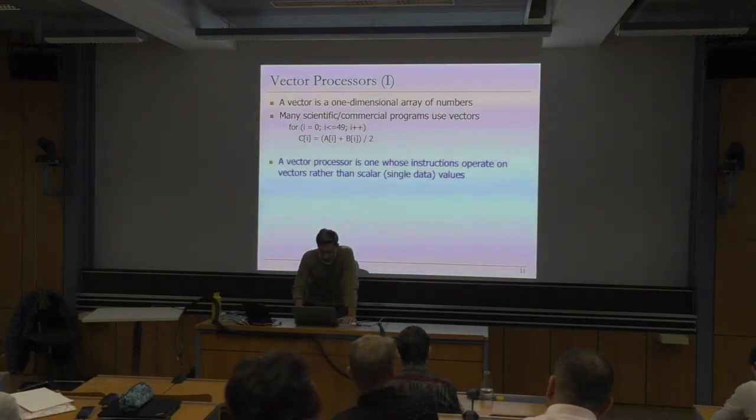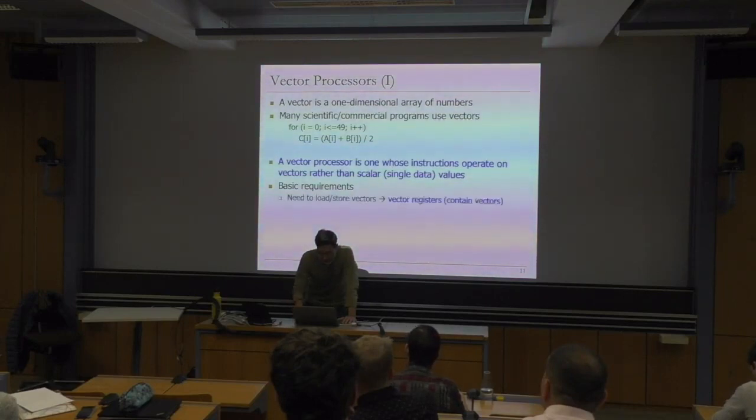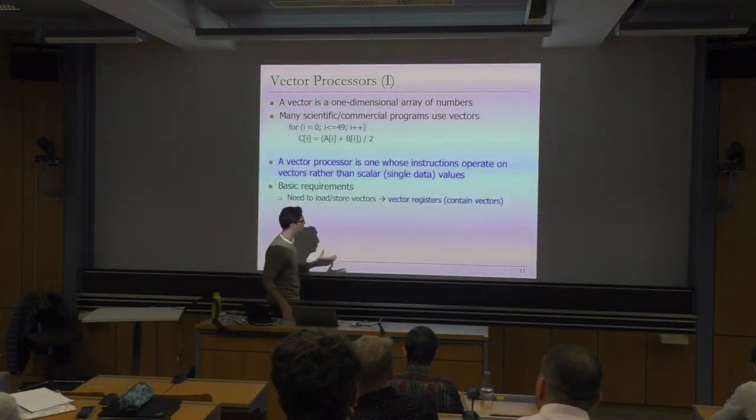So here we have instructions that operate on vectors, not on scalars, and there are some basic requirements or basic things that we are going to find in a vector processor.